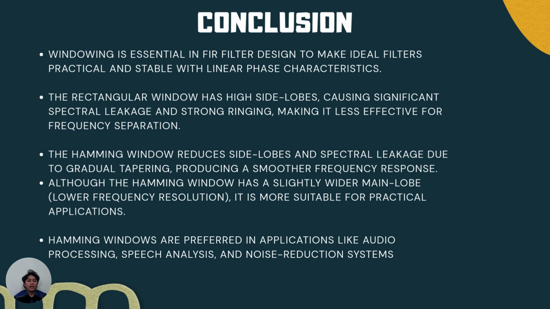In conclusion, windowing is important in FIR design to make the ideal filter practical and stable with the desired characteristics. The rectangular window has a high side lobe level, offering efficient, simple computation, but this makes it less effective for practical operation. The Hamming window reduces the side lobe level and ripples due to gradual tapering, improving the filter's frequency response.